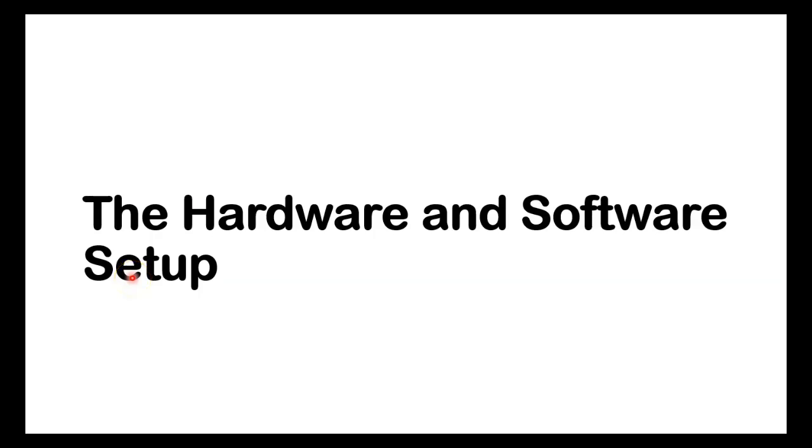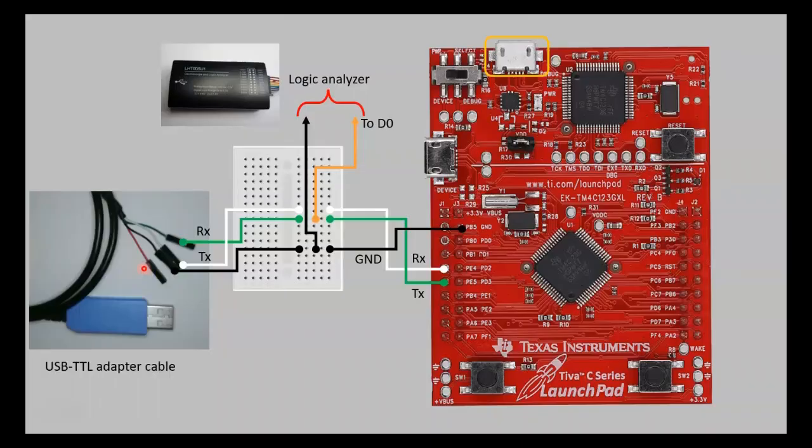The hardware and software setup. Now the hardware setup is identical to the previous video. By that I mean part 1 of this UART series. So in this video, I will briefly go over the setup again.